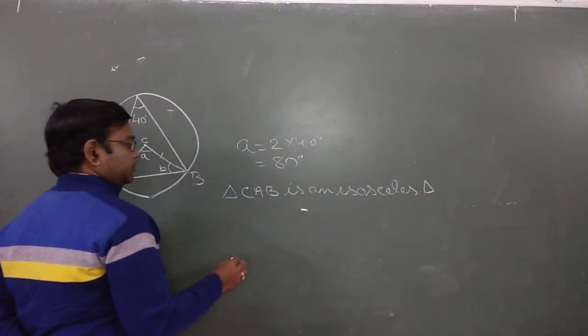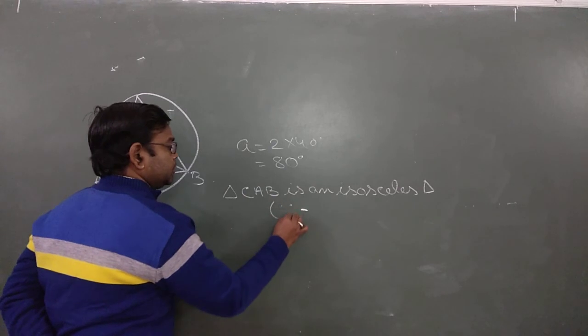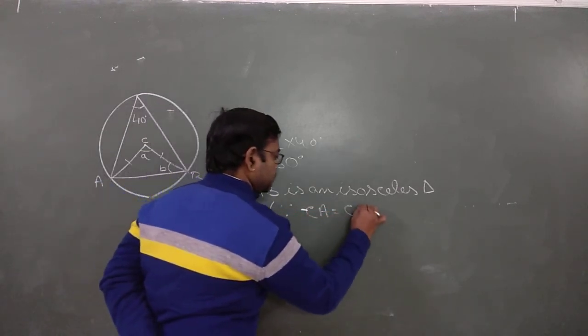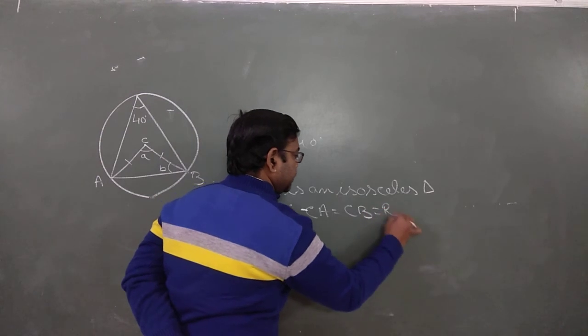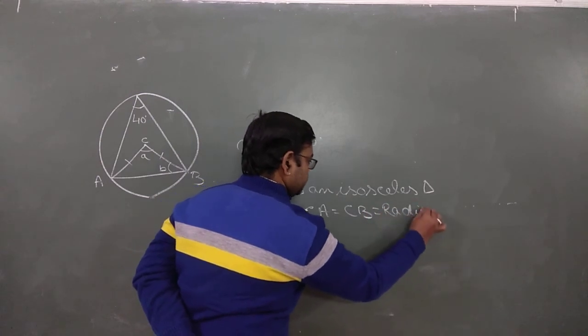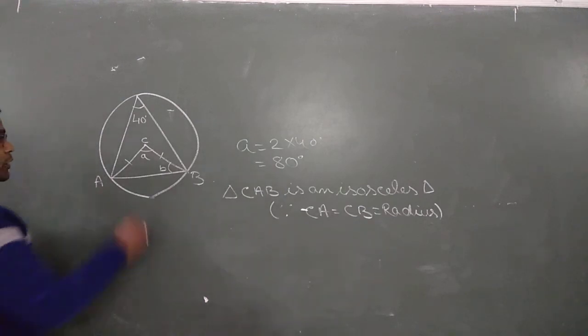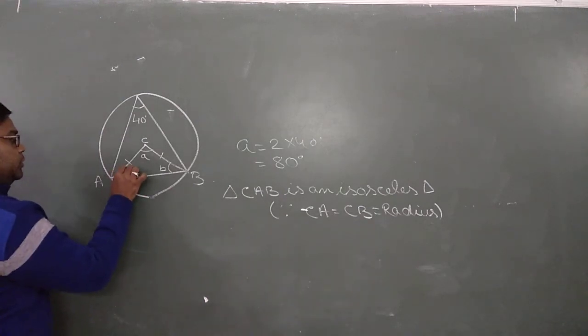Why? Because CA equals CB and they are radii. So this angle is also B.